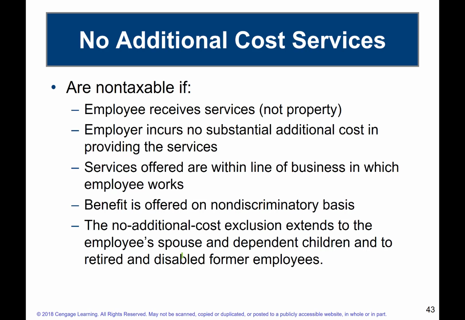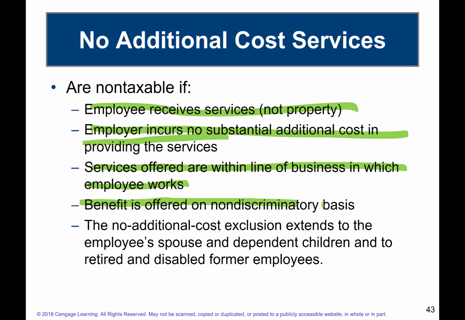So if it is no additional cost, we're talking about services, the employer incurs no additional cost, again, the airline. Services offered are within the line of business. If you're a flight attendant, that's obviously within the line of business. The benefit is offered on a non-discriminatory basis, everybody in the company, and the no additional cost exclusion can extend to dependent children. It doesn't have to in order to qualify. They're just saying that even your family can fly for free and you don't have to pay the tax on that. So it's a pretty good deal, right?